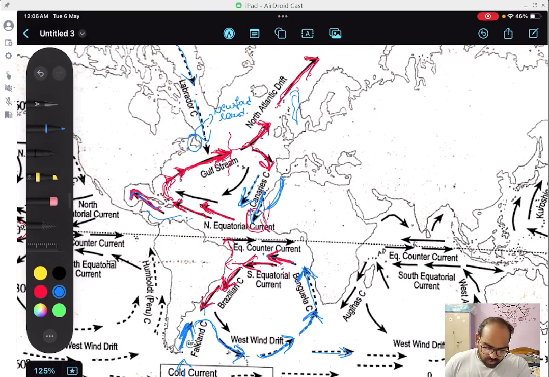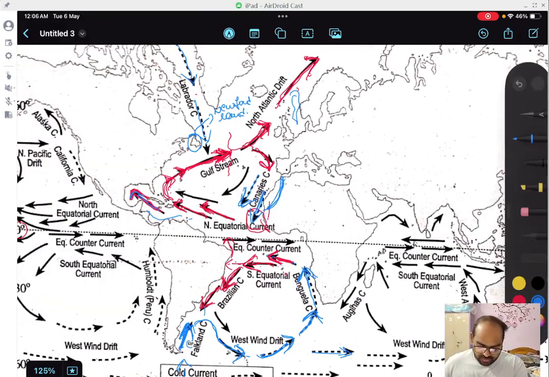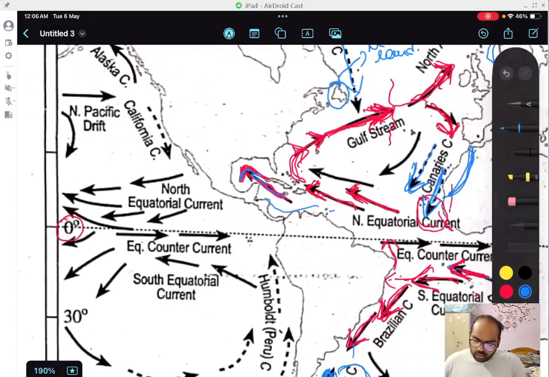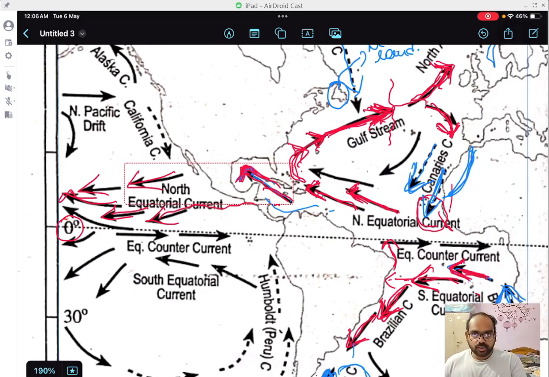Atlantic Ocean. Now we will see oceanic currents in the Pacific Ocean. So, the north equatorial current. Once it entered the Gulf of Mexico, it started moving east to west, the north equatorial current.